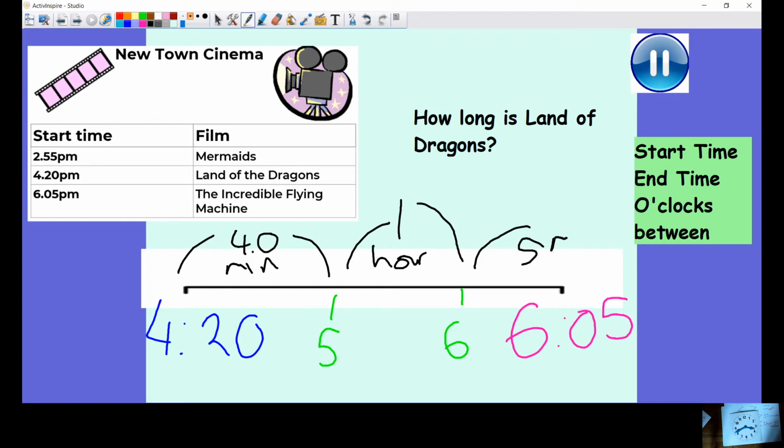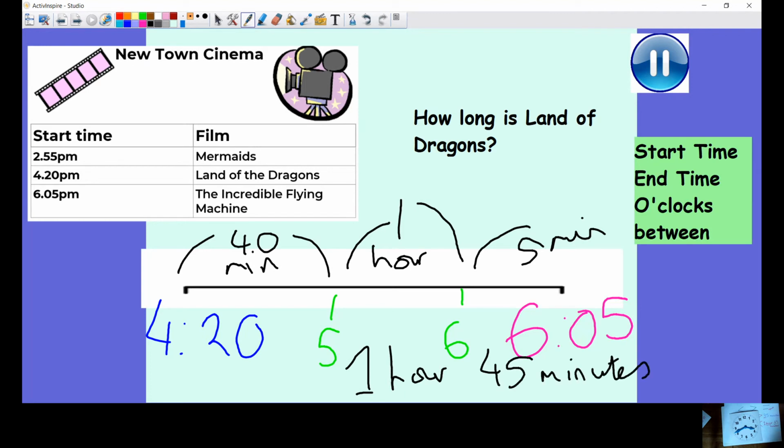That's just 5 minutes. Then I need to add all my times together to get my answer. So 1 hour plus 40 is 1 hour and 40 minutes. 1 hour and 40 minutes plus 5 minutes is 1 hour and 45 minutes.